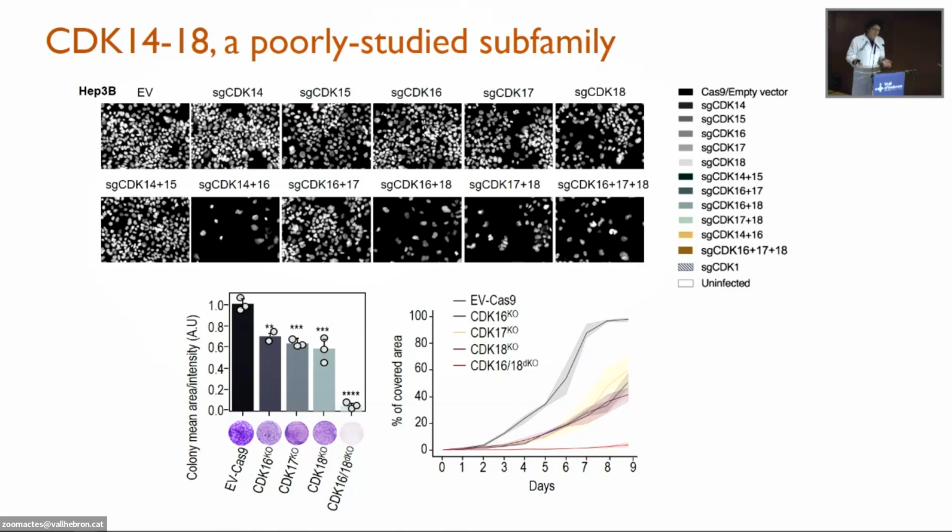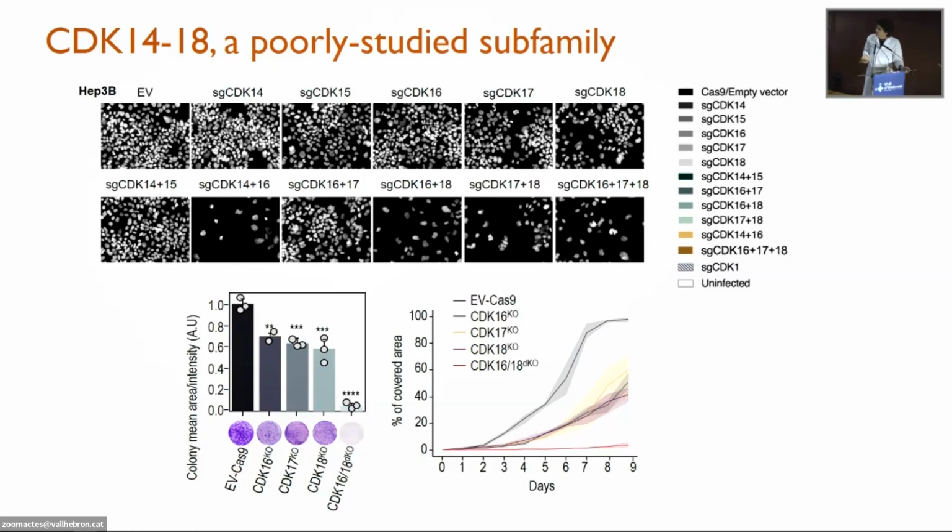This is a general message from the family: because you have so many family members, they overlap, they compensate. So in some cases, you need to eliminate 2 or 3, maybe, right? So if you pay attention to the colony formation assay, again, if you eliminate 1 of them, no effect. If you eliminate 2 of them, 16 and 18, it is very dramatic, right?